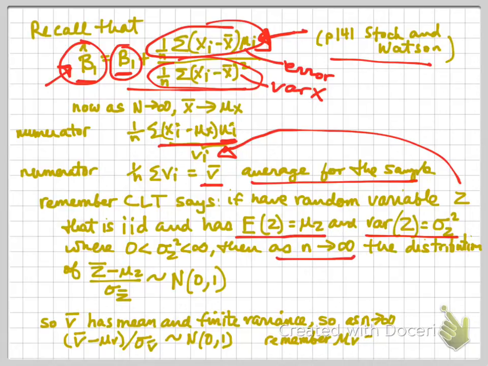The central limit theorem tells us then, if we have a random variable that satisfies those minor requirements, then as n goes to infinity, the distribution of the average of that random variable, in our definition here it's z bar, in our case it's v bar, when we normalize it, so we subtract the mean and divide by its standard deviation, is a normal distribution with mean 0 and variance 1, the standard normal distribution.